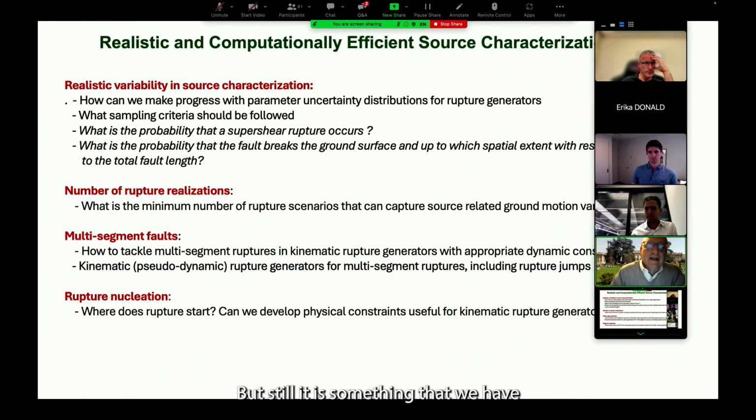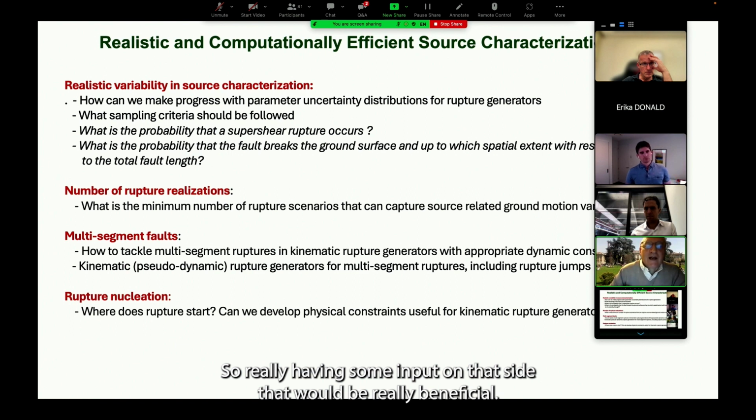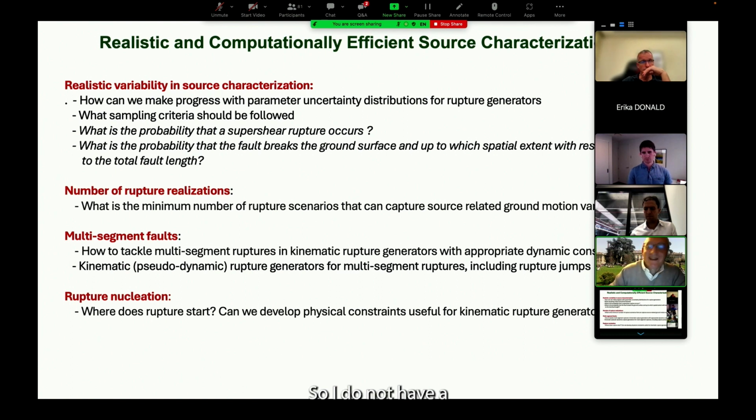But still, it is something that we have fixed in this case to avoid the very large values, but we are not really in the position of governing these parameters. So really having some input on that side would be really beneficial. I do not have a specific, well-defined answer to that.